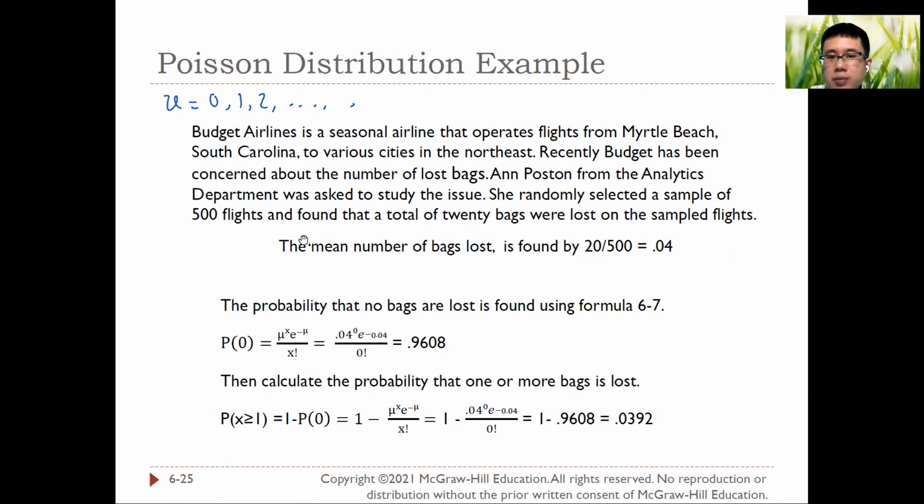There are 20 bags which were lost, and our mean is 0.04 here. The first question is the probability that no bags are lost. No bags lost is associated with x equals 0, right? So the probability is p0. Just substitute mu and x and put it on your calculator and the result is like this.